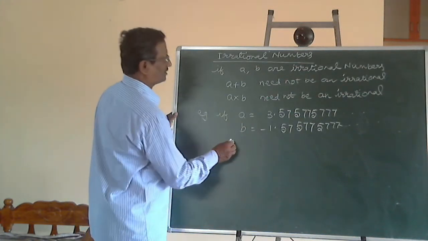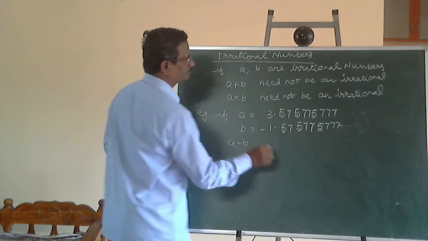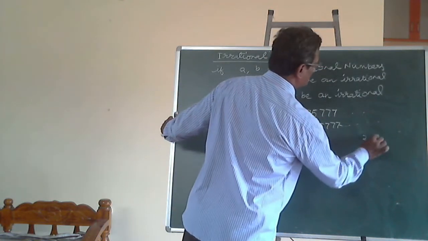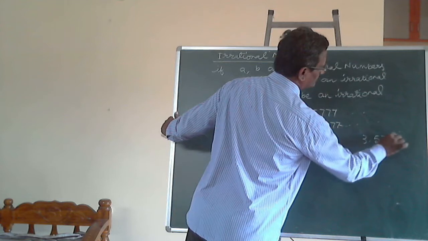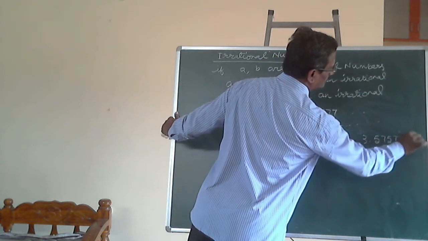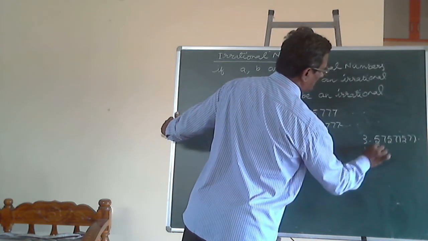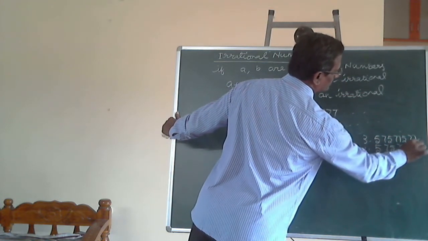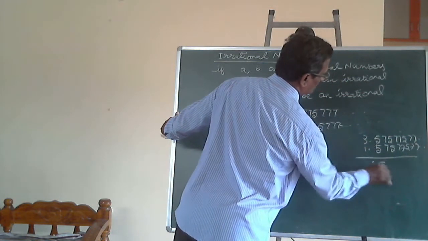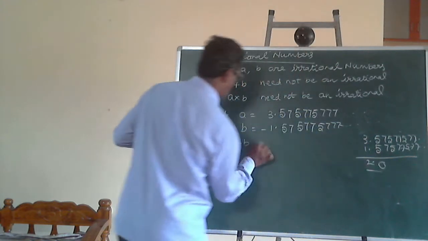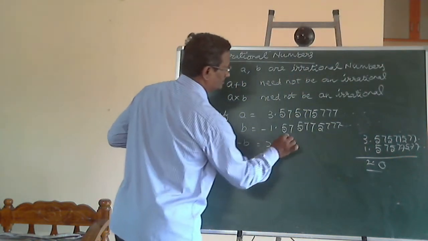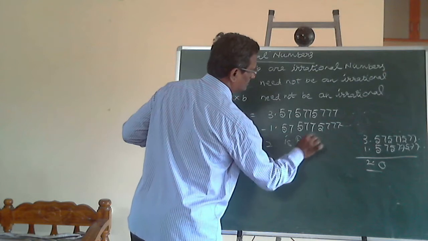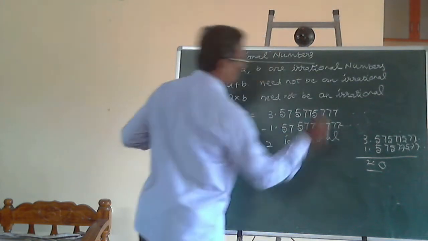When you do subtraction, a minus b, this is 3.1, 0, this is 2. 2 is rational.